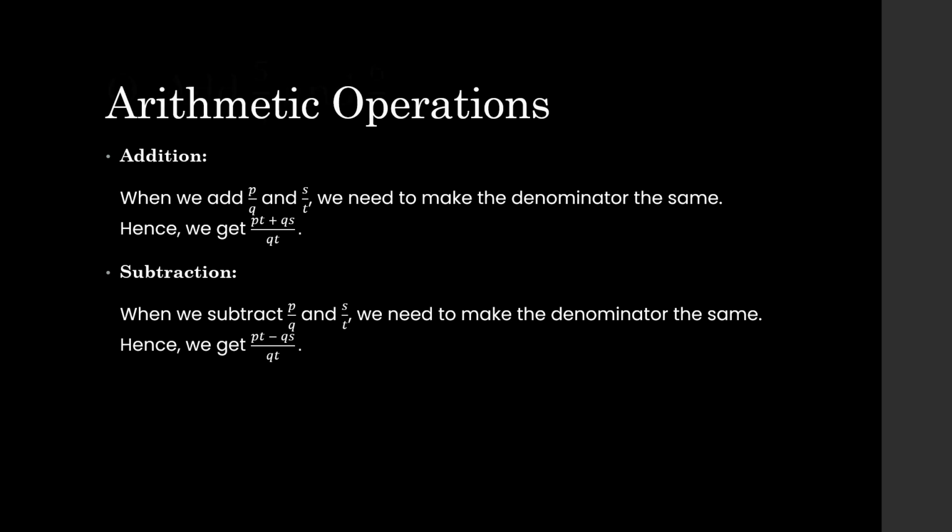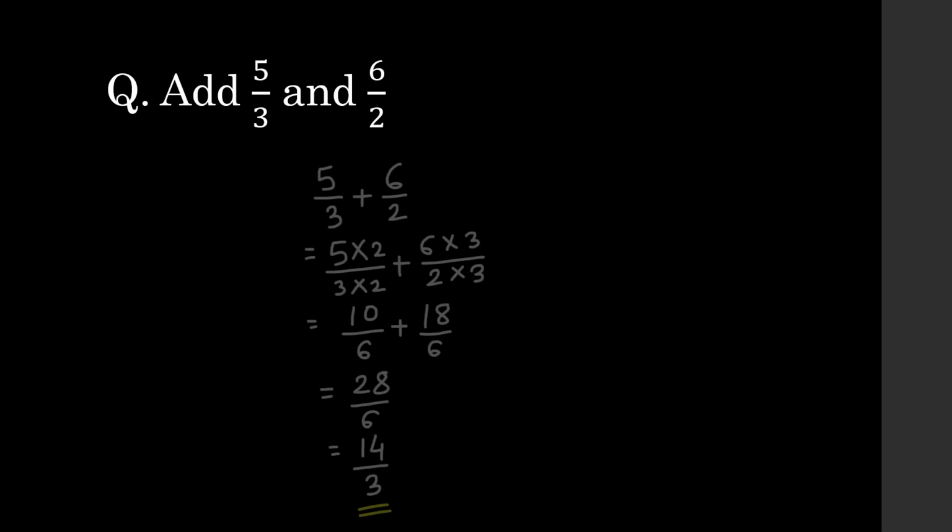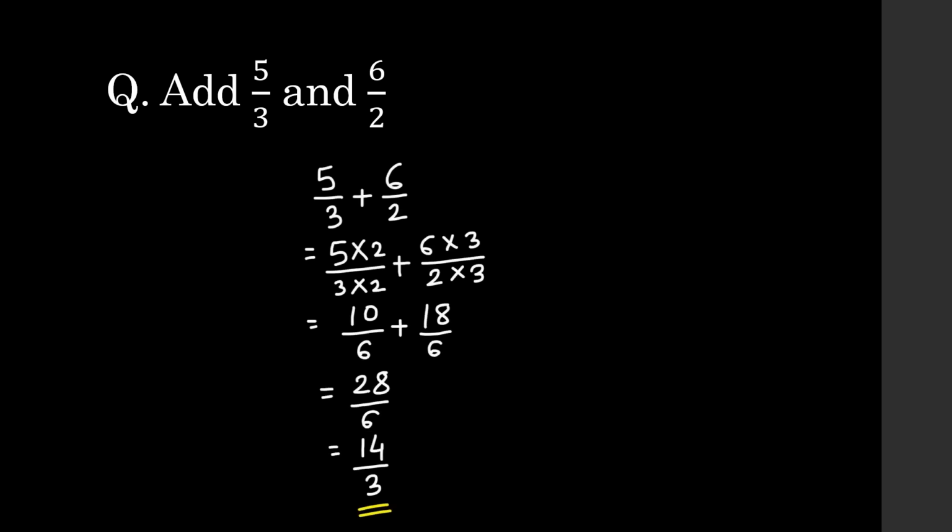Let us take an example. Now we have to add 5 upon 3 and 6 upon 2. So the procedure will be 5 upon 3 plus 6 upon 2. As you can see, the denominator of the first fraction is 3 and of the second fraction is 2. We have to make both denominators the same. So we multiply the first fraction by 2 and the second fraction by 3. So 5 into 2 upon 3 into 2 plus 6 into 3 upon 2 into 3.